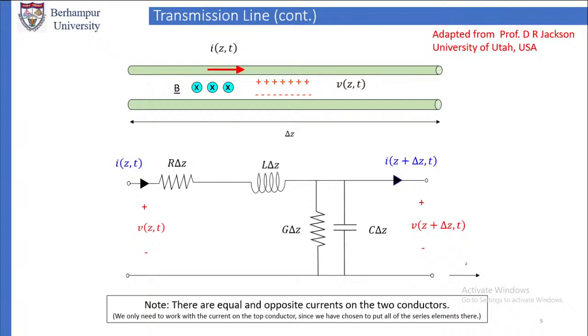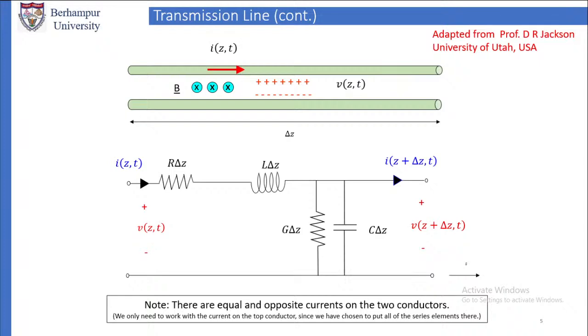Now we are considering a small section of the transmission line, a minuscule section which is very small. So the length of the transmission line section is delta Z. Look at the top figure. Along the transmission line, there will be voltage at every point. Between the two wires, we have written V(z,t).